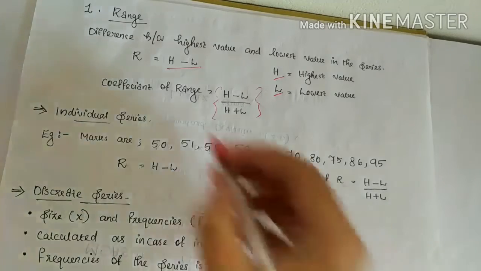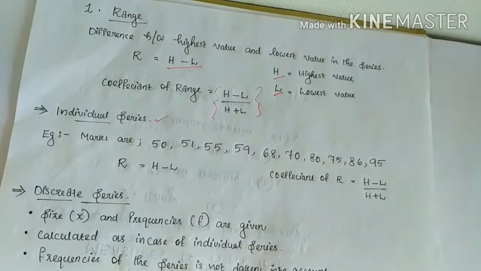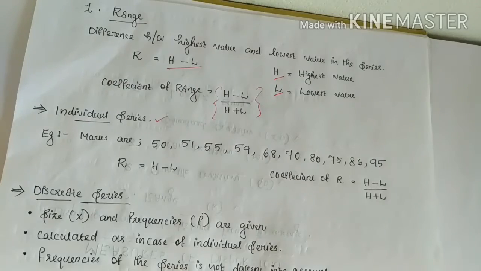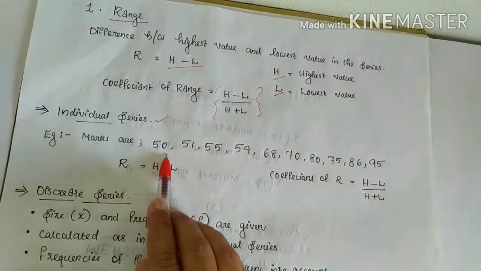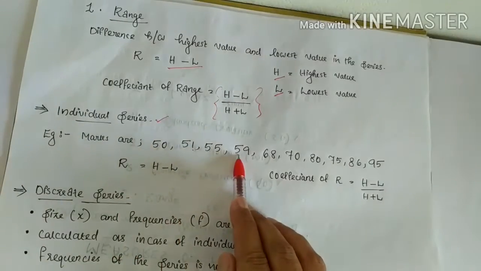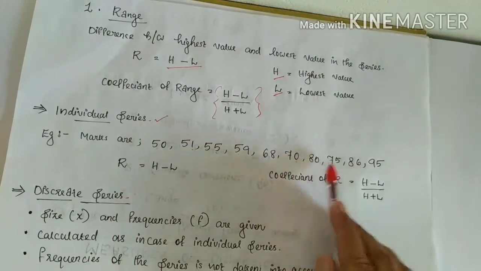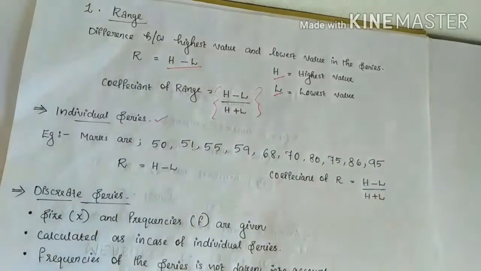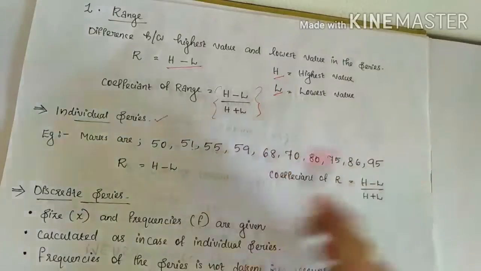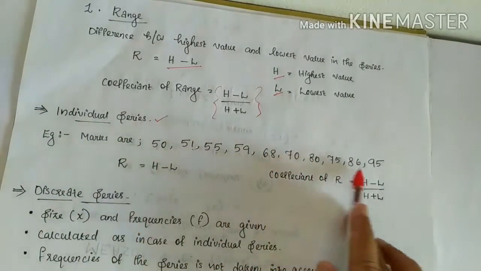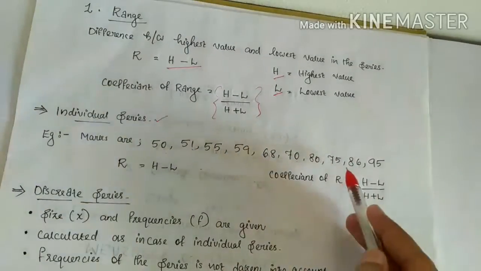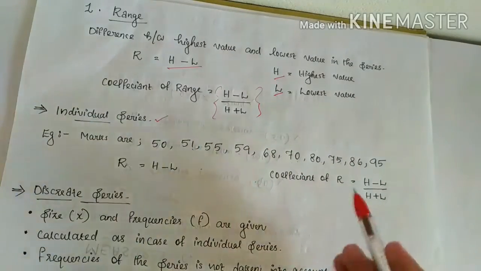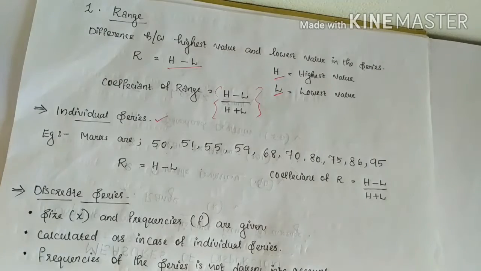So we are moving on to the next area, how to calculate range. Calculation of range in individual series. Already we discussed what is individual series. In this example, the marks are 50, 51, 55, 59, 68, 70, 80, 75, 86 and 95. We have to calculate the range of this series. First we have to find out which one is the highest value and which one is the lowest value.